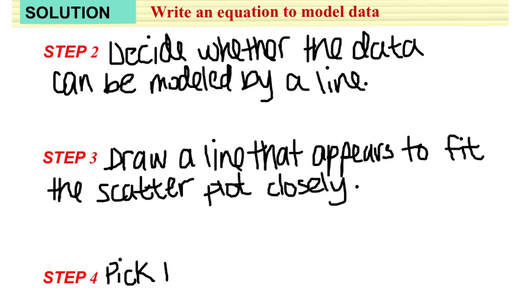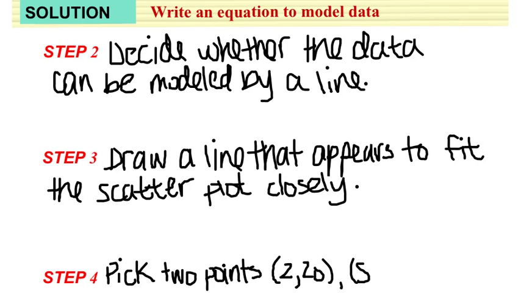So pick 2 points. And for this specific example, why don't we just pick 2 of the points from our table, 2, which represents 1992, comma 20, and the point 8, which represents 1998, comma 42, and then once you pick your 2 points, then you can write the equation.